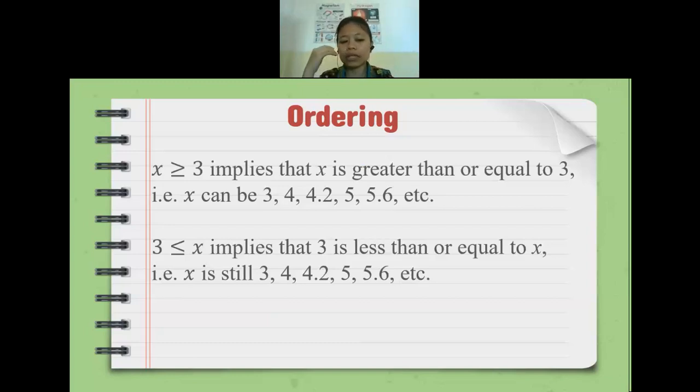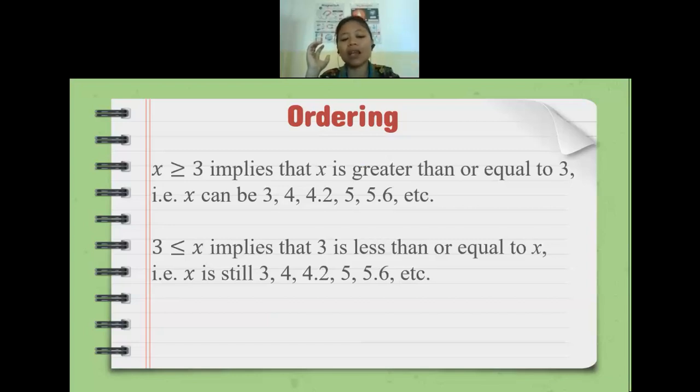And then for the second sentence, I have 3 is less than or equal to x. So it means here the 3 is the smallest one, the least possible number.